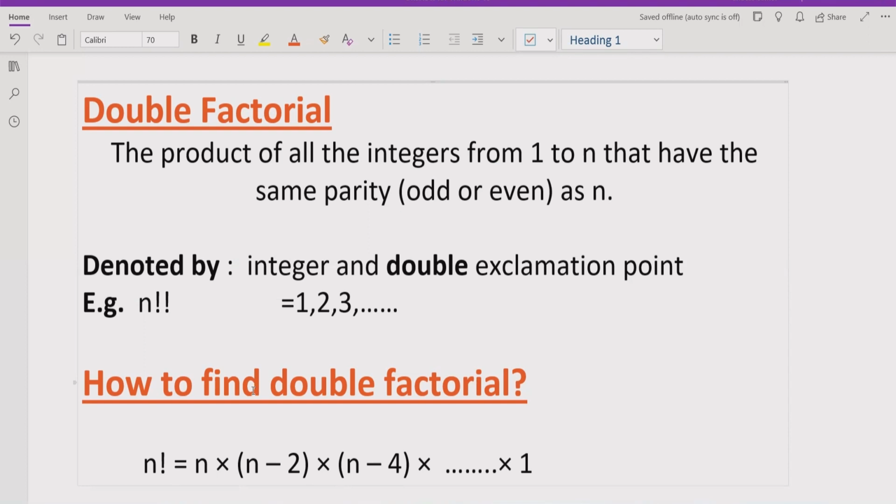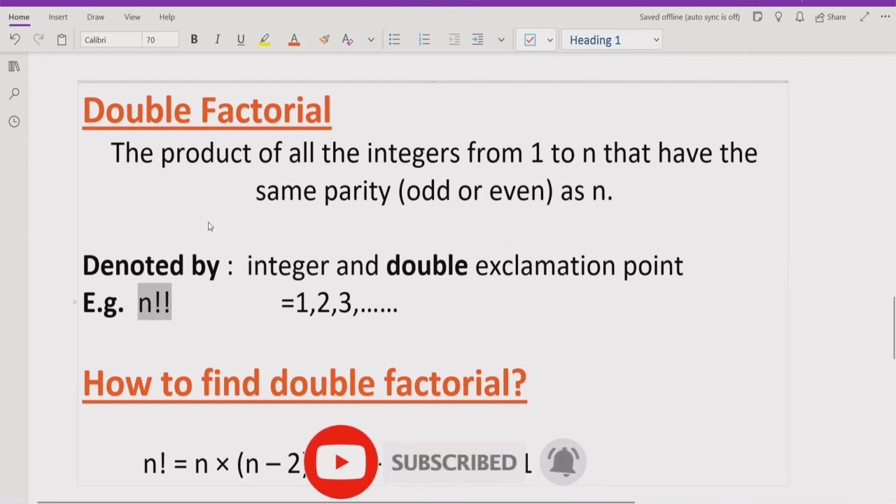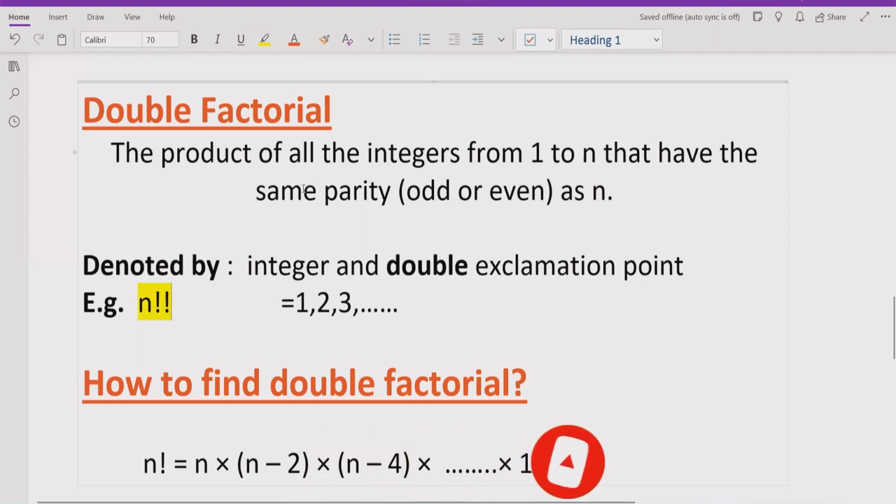Like if you have an odd number, you multiply all odd numbers down to 1. Now, as you can see on the screen, you write n factorial with a double exclamation sign, and you say this is double factorial.